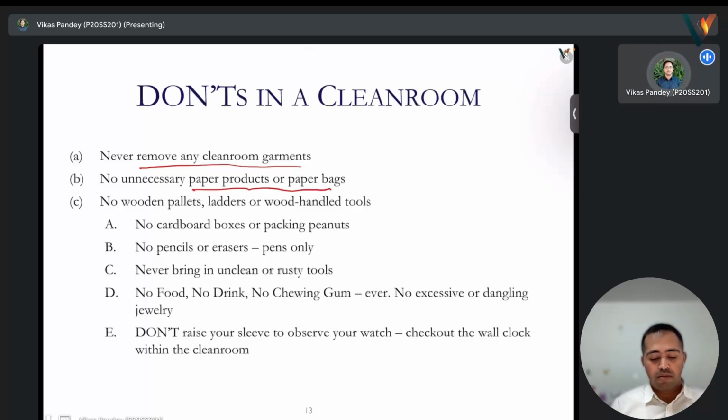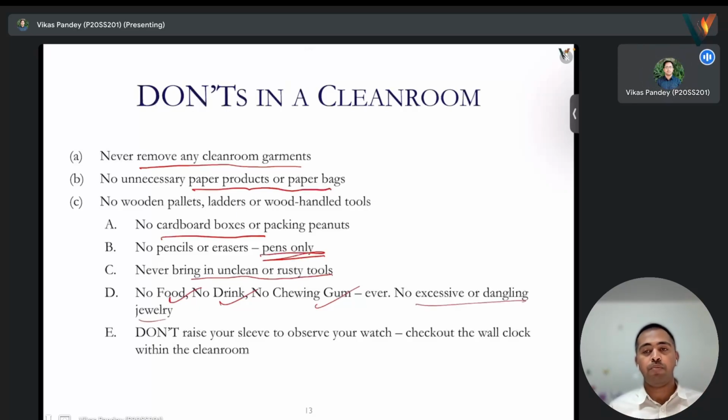No cardboard boxes, again they have fibers. No pencils, no erasers, only pens, and that also clean room pens. They are kept inside; you don't have to take them from outside. Never bring unclean or rusty tools. No food, no drink, no chewing gum ever. And no excessive or dangling jewelry.